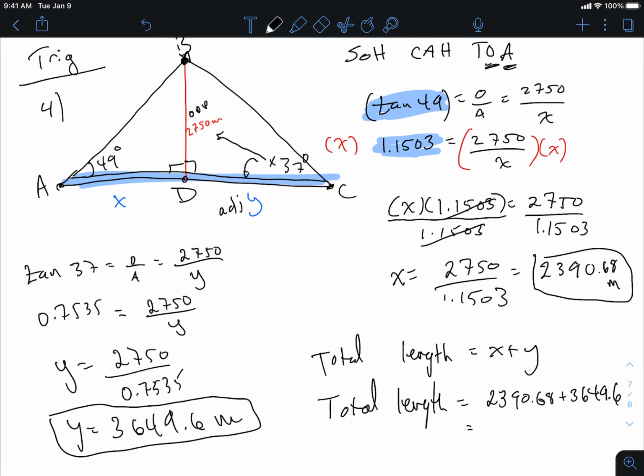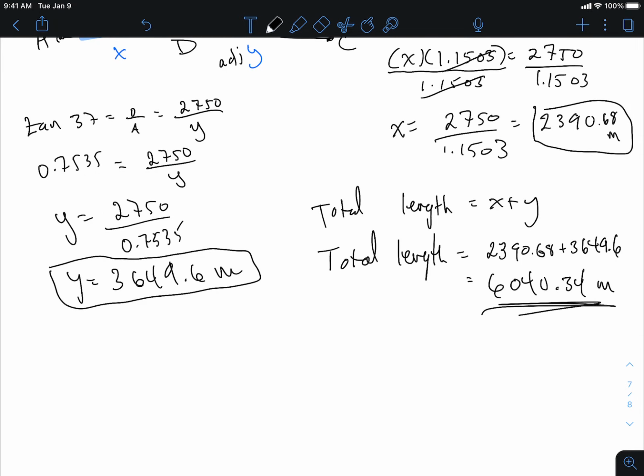Do we have an answer? You guys could write a therefore statement too. Therefore, the tunnel is 6,040.34 meters.